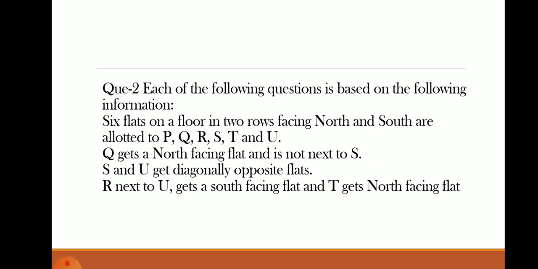These flats are given, and you need to plot them accordingly from the given data. So 3 sentences are given next. First, Q gets a north facing flat and is not next to S. S and U get diagonally opposite flats. R next to U gets a south facing flat, and T gets a north facing flat. So we need to plot the information related to the flats.